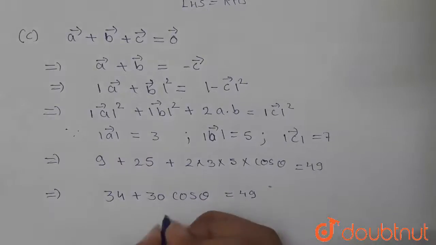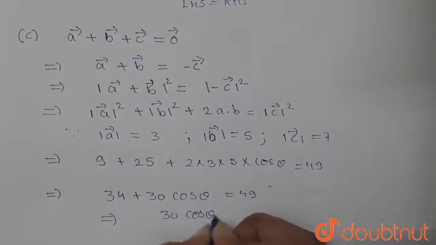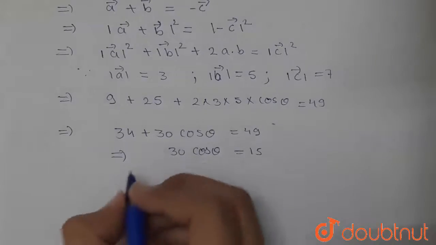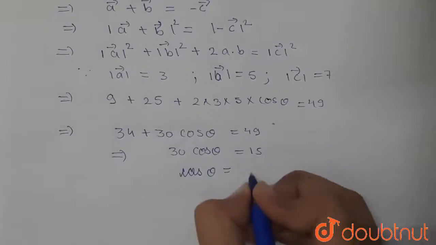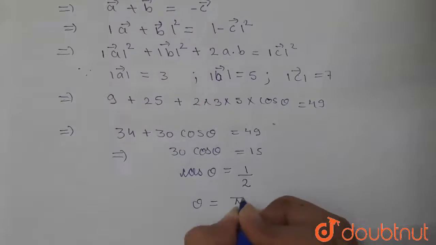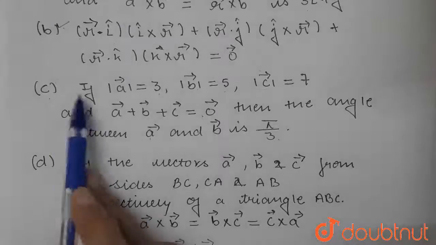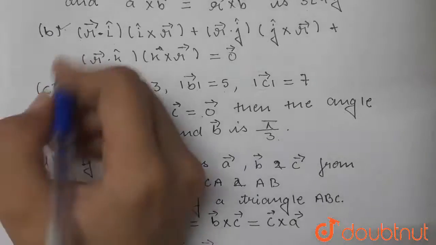So we are getting 30 cos theta equal to 15. Therefore the value of cos theta will be 15 by 30, that is 1 by 2. So theta will be equal to pi by 3. That means option number C is also correct. In option C, we were given that the angle between A and B is pi by 3, and this is also correct.